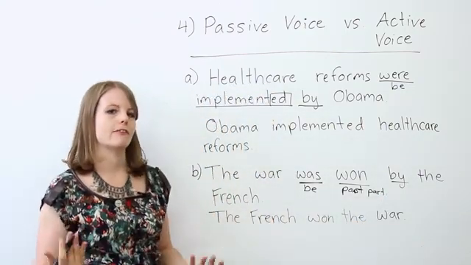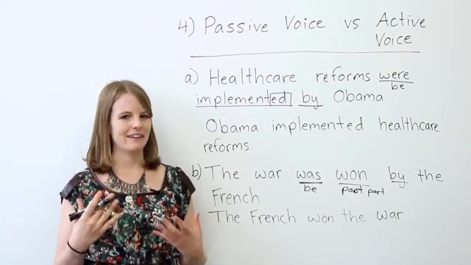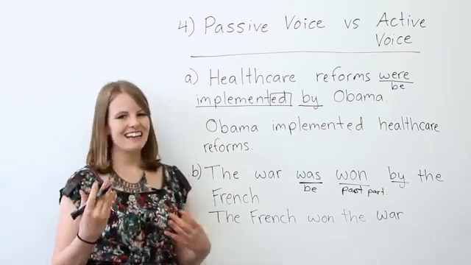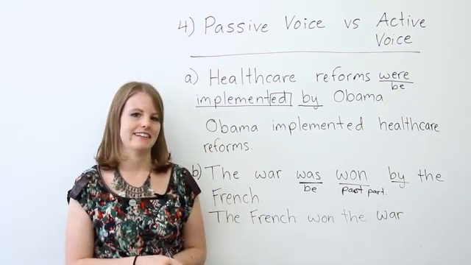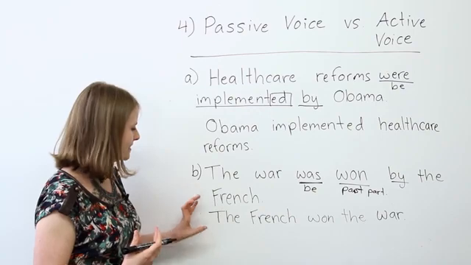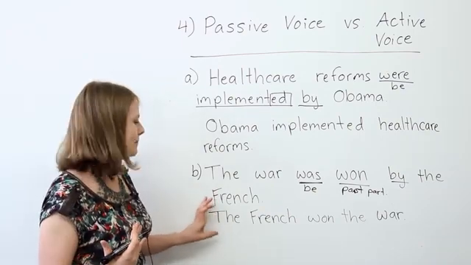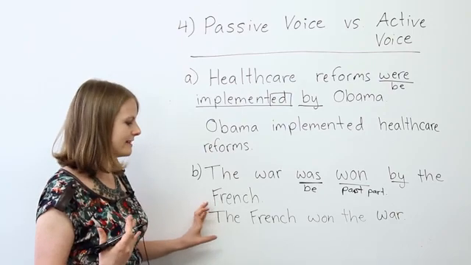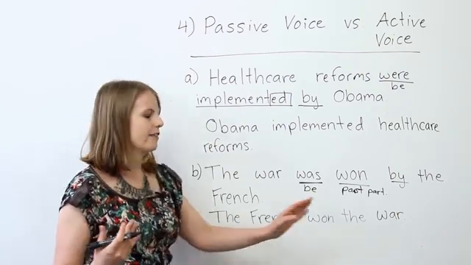The war was won by the French. So this is, again, a passive sentence, but it's still a little bit weak. In academic writing, we want strong sentences. And a strong sentence has the actor, or the person performing the action at the beginning of the sentence. So instead, a better sentence would be, the French won the war.